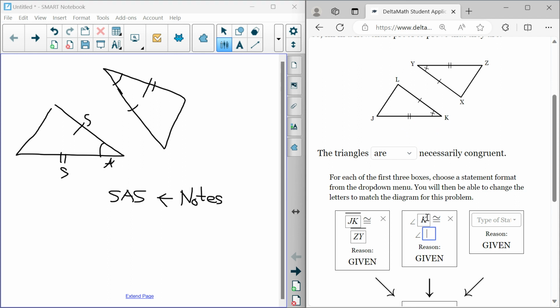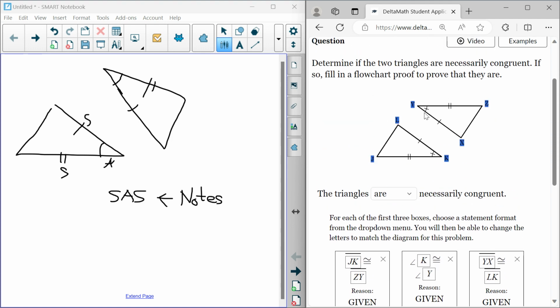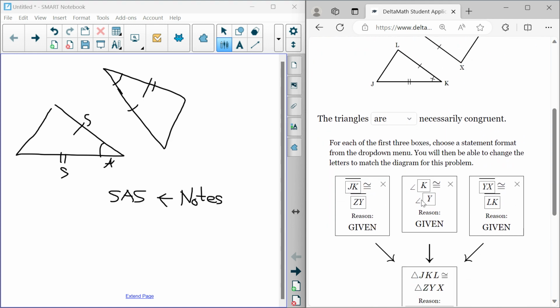Angle K is congruent to angle Y. And we want to give another side statement. Y to X is congruent to L to K, or K to L. It won't really affect us which way it goes. We're saying this side with a length of 1 is the same as this side with a marking of 1.